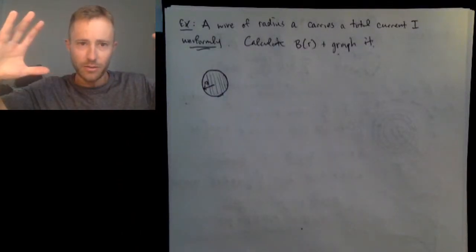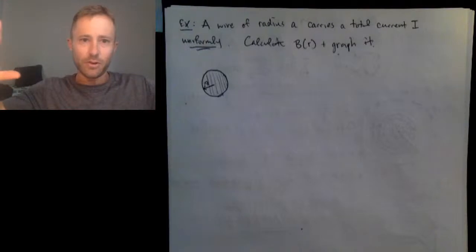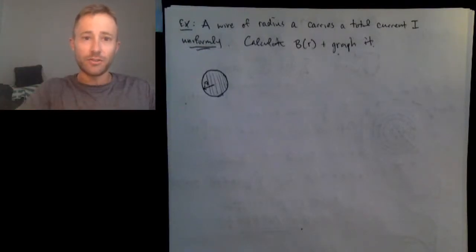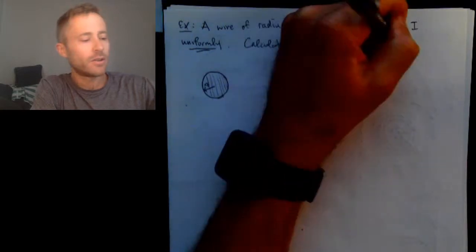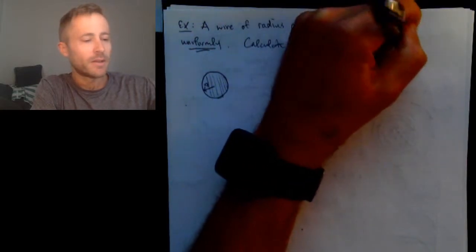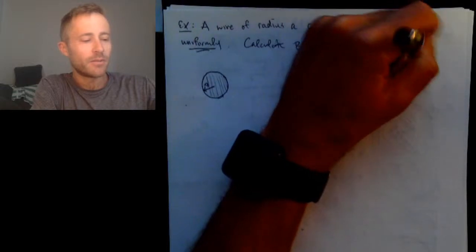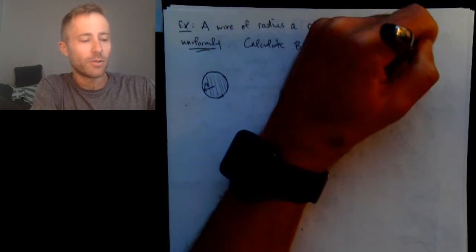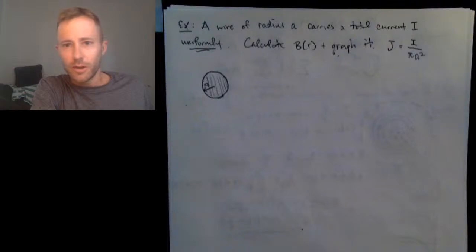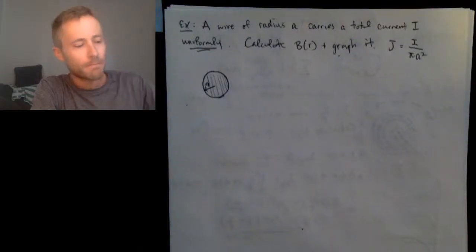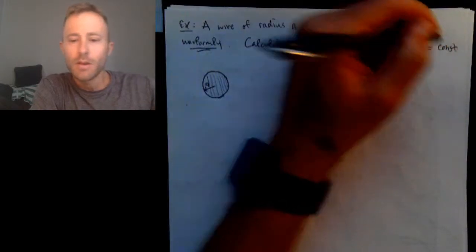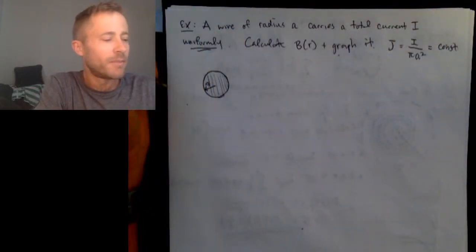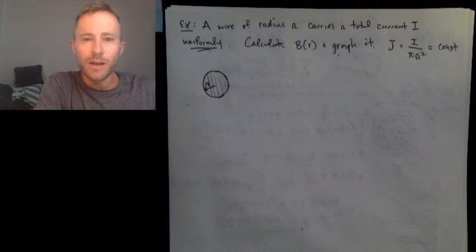that means that the wire has an even current throughout. And so in that case, it's really easy to calculate the current density. The current density is just going to be total amount of current divided by total amount of area. It's a circular cross section, so just pi r squared. So that's a constant. And so we have two cases.